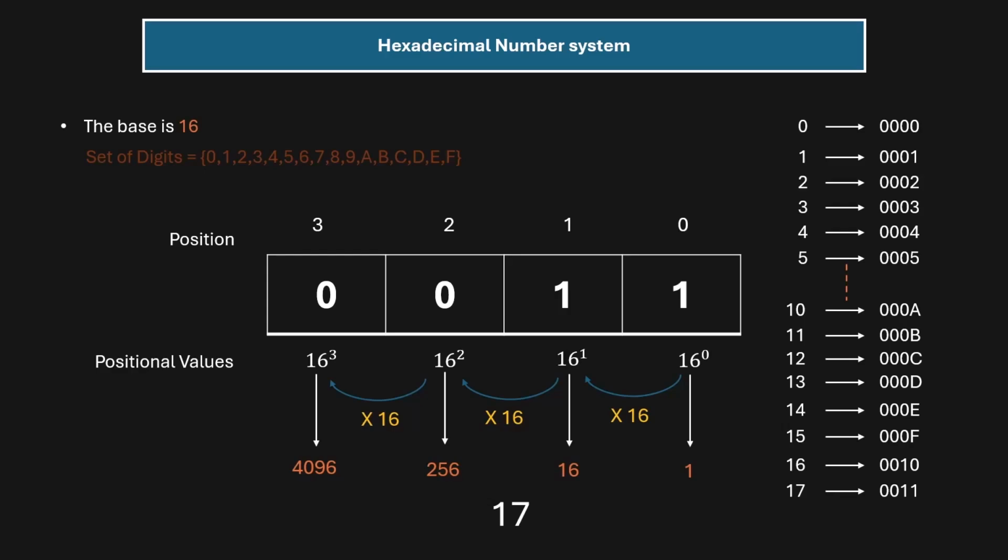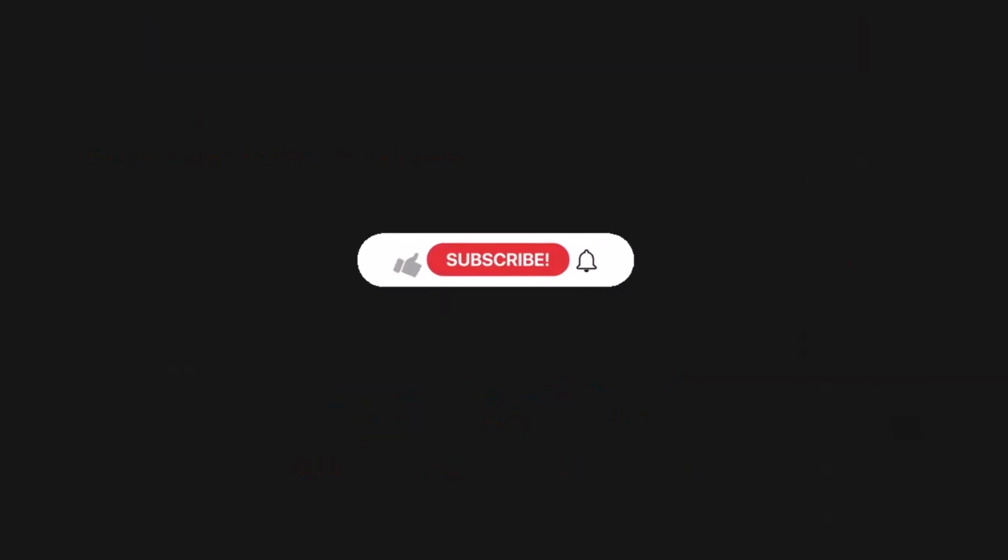And up to 31, which is equal to 1F, meaning we have one 16 and 15 ones. And 32 is equal to 20, meaning we have two 16s and zero ones.